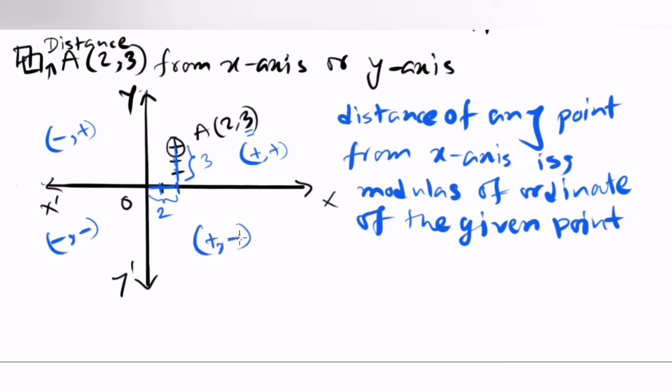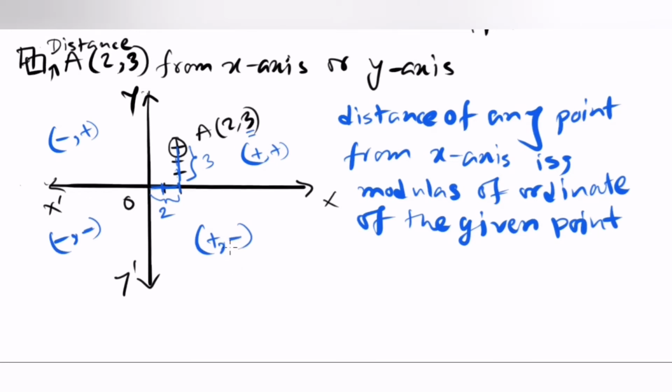So sometimes we get a negative value, but that does not mean the distance is negative. We have to apply modulus, so that the negative sign will be omitted.